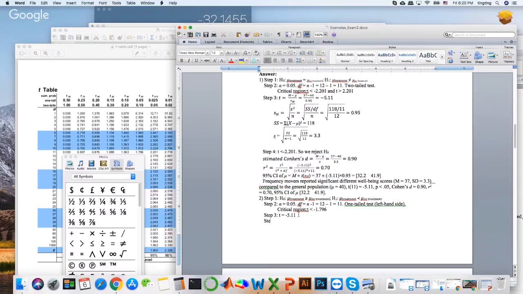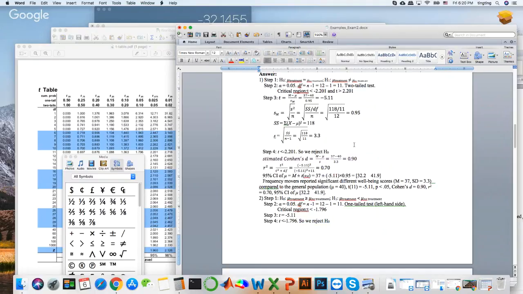And then let's make the decision. So very similar. Here, the T is still smaller than our boundary. So we also reject the H0. That's it.